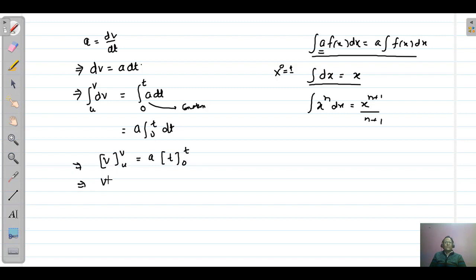So we get v minus u equal to a t minus 0. Hence finally we get v equal to u plus at. This is our first equation of motion, which we already derived using the graphical method. Similarly, we can derive the second equation of motion.